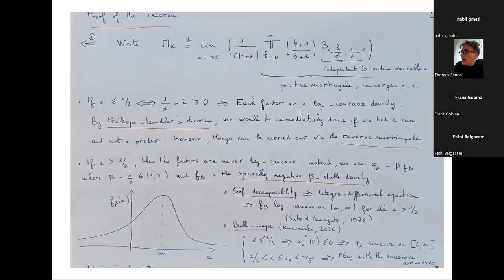So you are making the independent product of random variables with expectation 1. So you are taking a positive martingale, having a multiplicative form, and so it converges. And you can identify the positive moments of this limit up to the prefactor, which is 1 divided by gamma of 1 plus alpha.